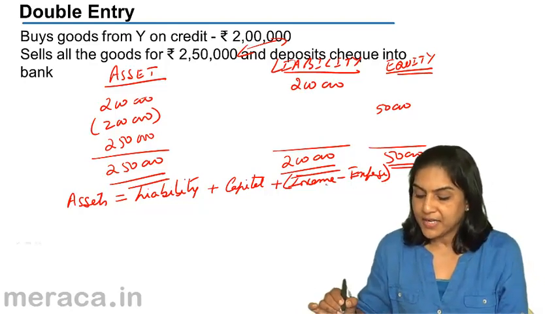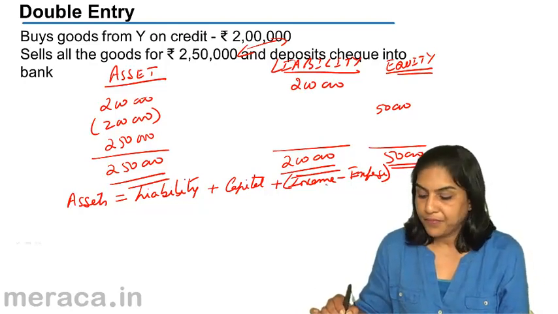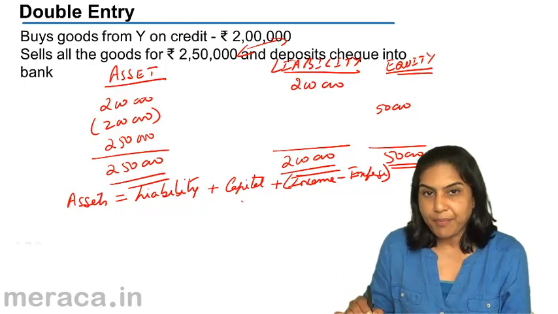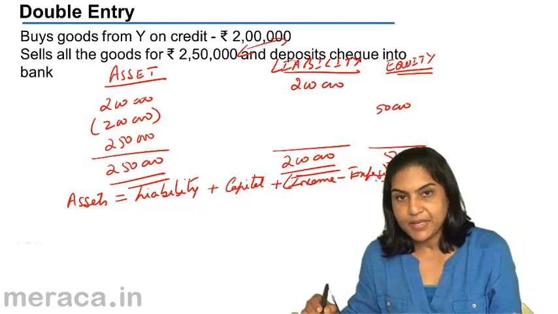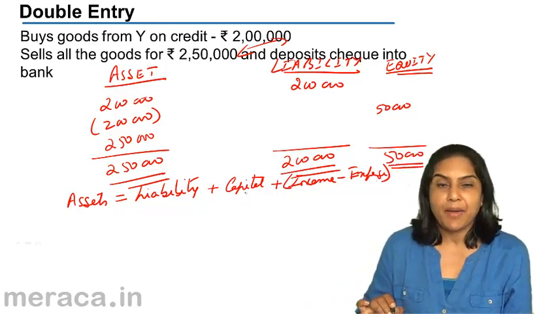So if there is an income, it is added to capital. If there is an expense, it is deducted from capital.